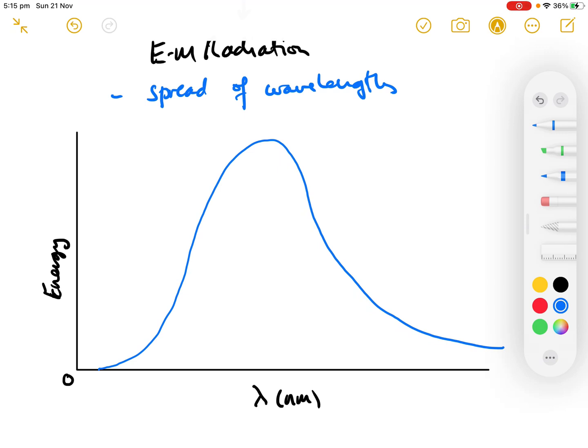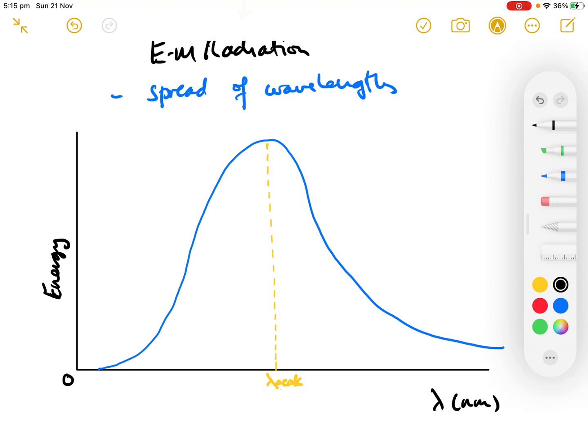It peaks. Now if we look at the peak here, we can identify the particular wavelength, lambda peak, at which the particular star we're talking about emits. I'm just going to move my axis down here a wee bit. So that's lambda in nanometers.